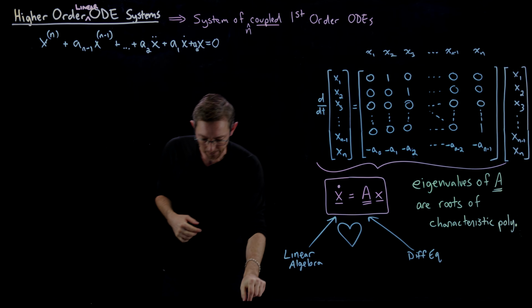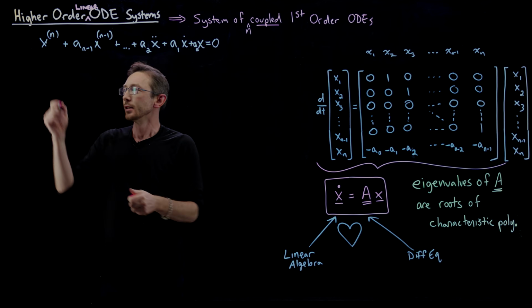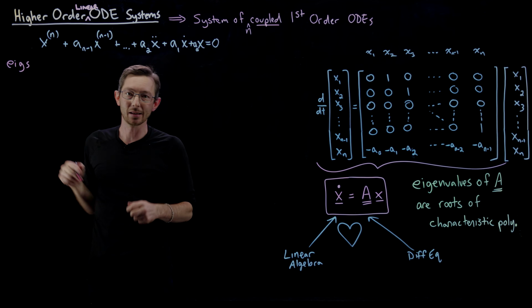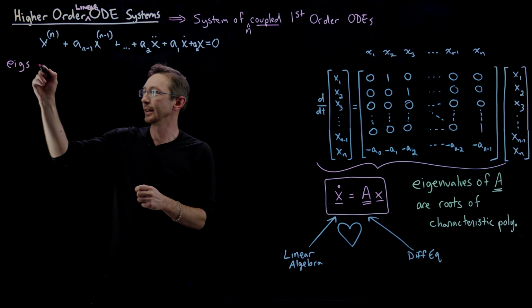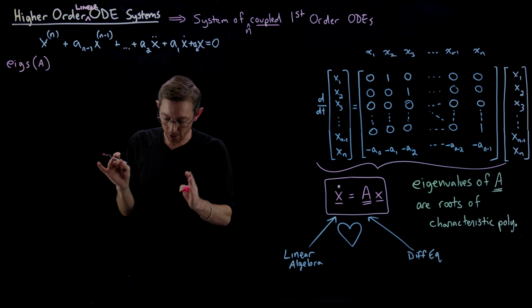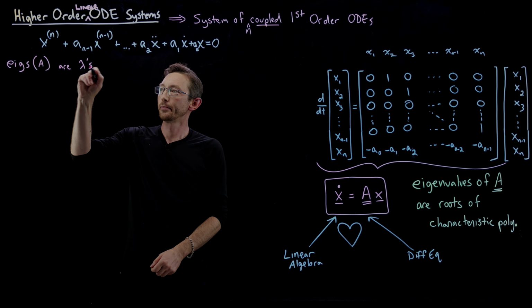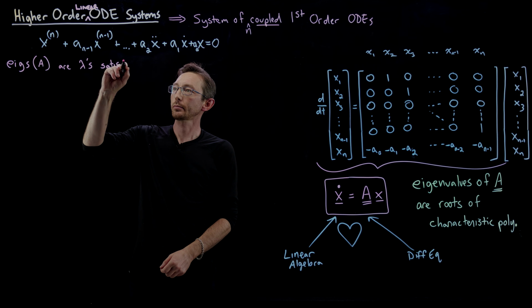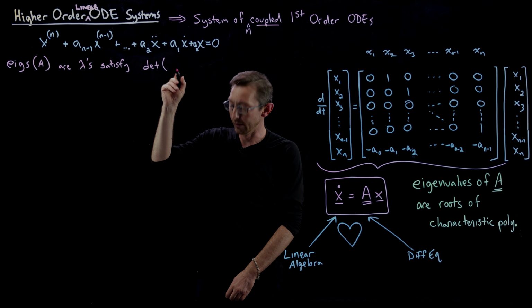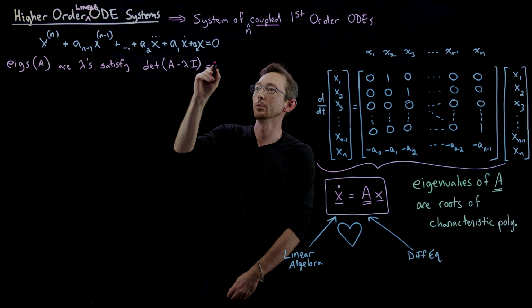Specifically, the equation you use to find the eigenvalues of A, which for short we call the eigs, are those lambdas that satisfy this equation: determinant of A minus lambda times the identity matrix equals 0.